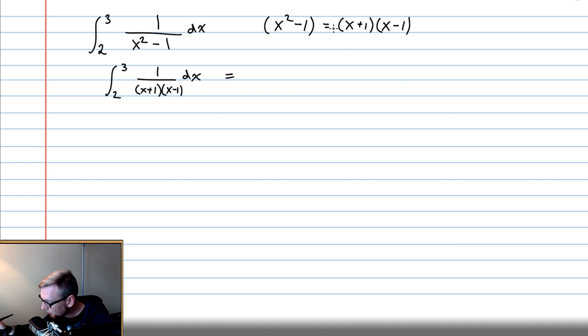We want that into some partial fractions, from 2 to 3. We've got a over x plus 1 plus b over x minus 1, and dx.